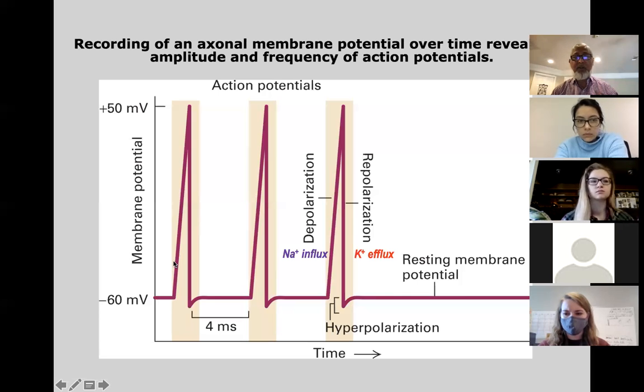When you reach the threshold for excitation, you see a full-fledged action potential take place. Now, when you have an action potential, momentarily the inside of the cell becomes positive compared to the outside, because when you do the stimulation, in most cases, if the cell is an excitable cell, the cation channels will open.